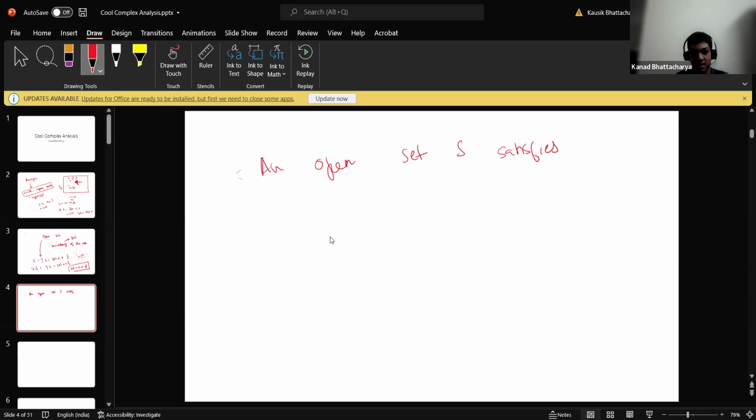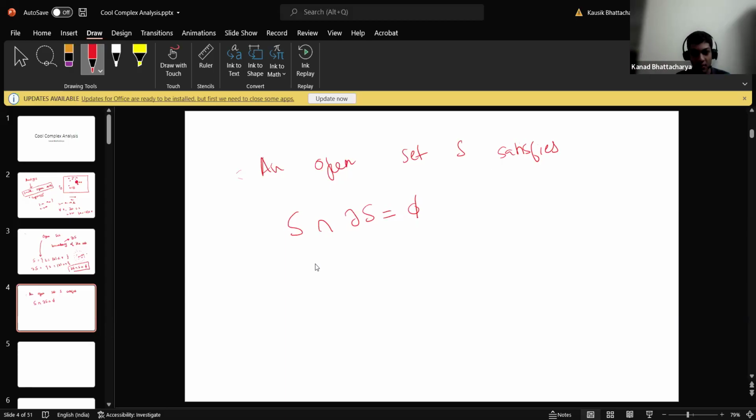This is basically the definition. If you take an open set S and take the intersection of it with its boundary, it's the null set. So the open set does not contain its boundary. All the points on the boundary of an open set lie outside it.